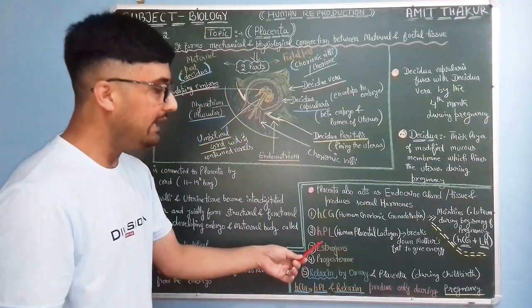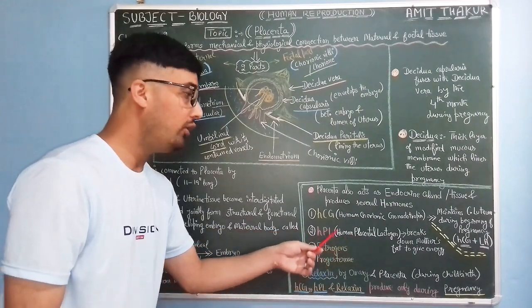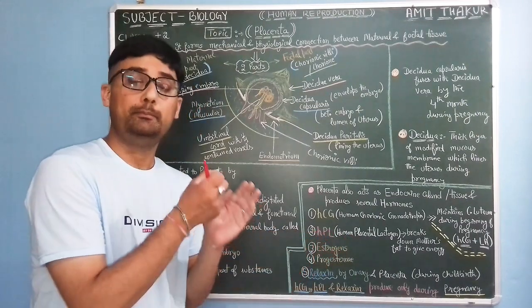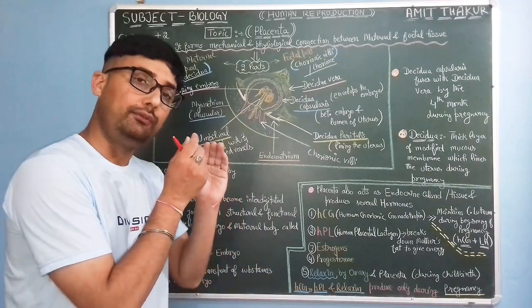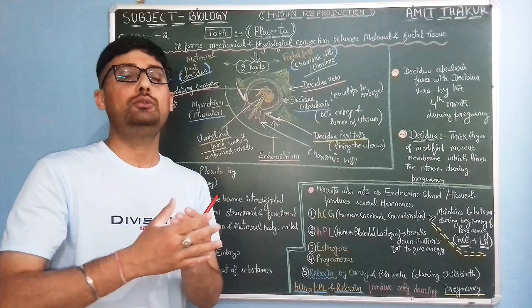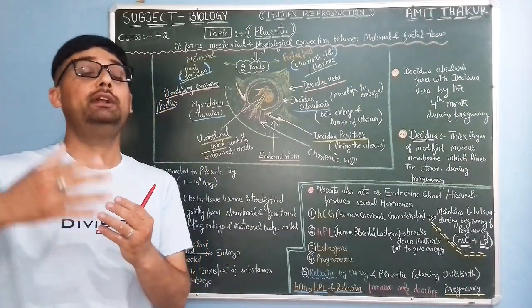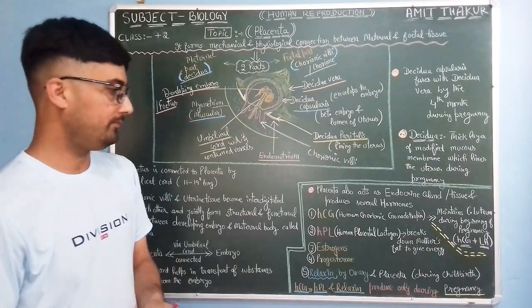HPL, human placental lactogen, breaks down the fat of the mother in order to release energy, which is provided to the growing embryo.